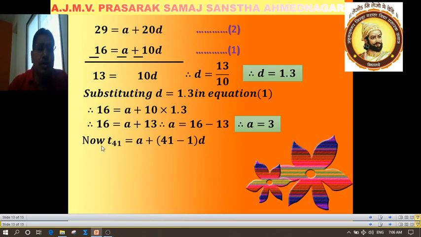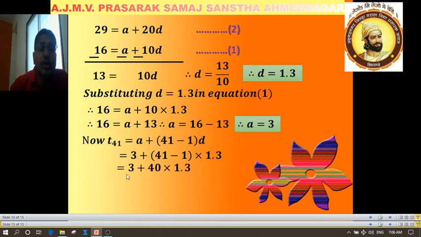So T41 is equal to a plus 41 minus 1 into d. Substituting 41 in the formula for Tn. So T41 is equal to a, which is 3, plus 41 minus 1 into d, which is 1.3. So T41 is equal to 3 plus 41 minus 1, means 40, into 1.3, which is equal to 3 plus 40 into 1.3.